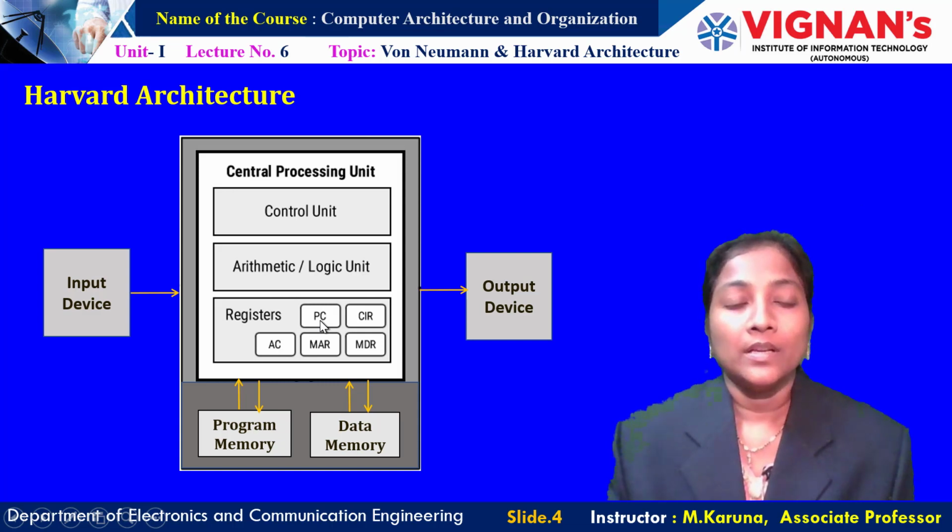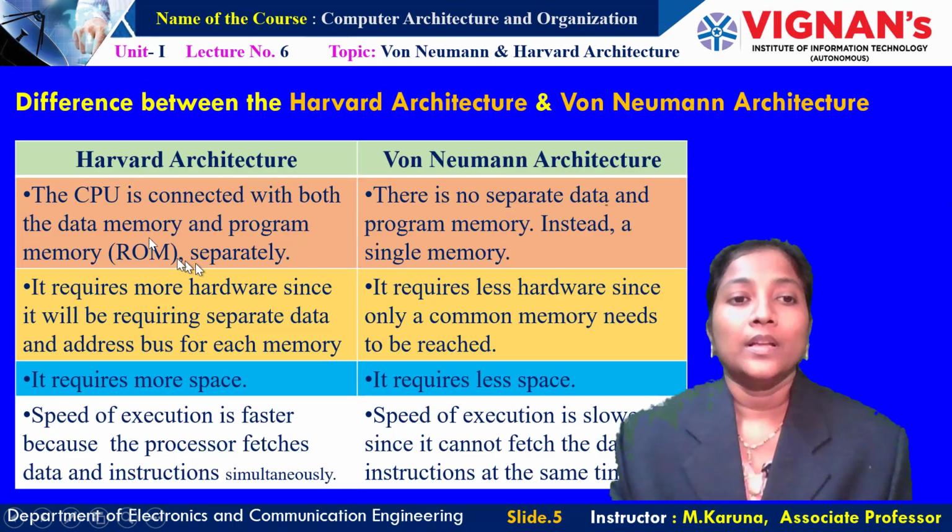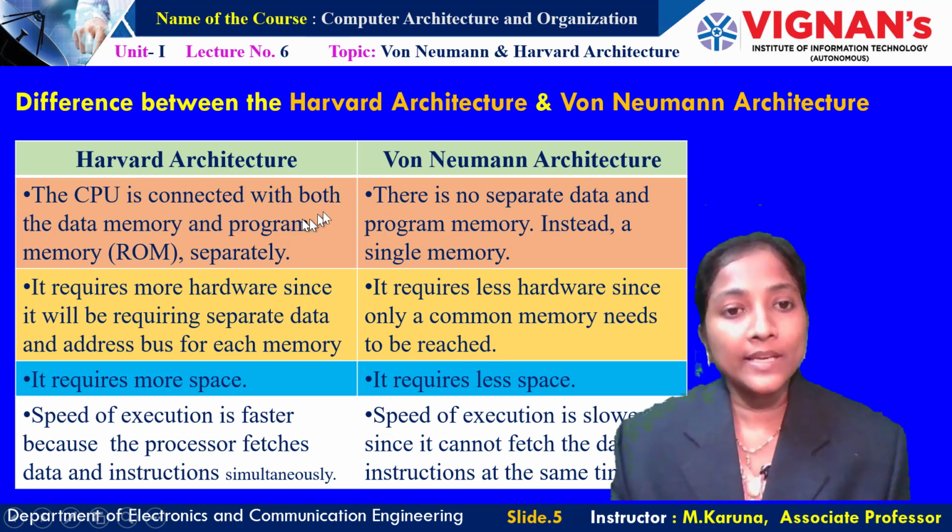Let us see the difference between Von Neumann architecture and Harvard architecture. In the Harvard architecture, the CPU is connected with both the data memory and program memory separately. There is no separate data and program memory in the Von Neumann architecture.